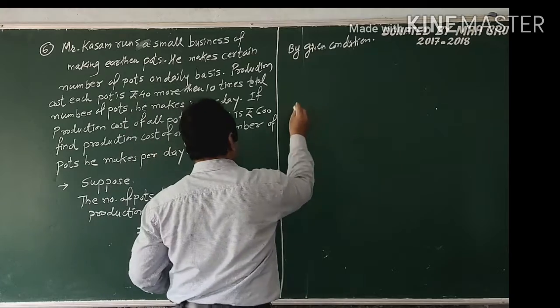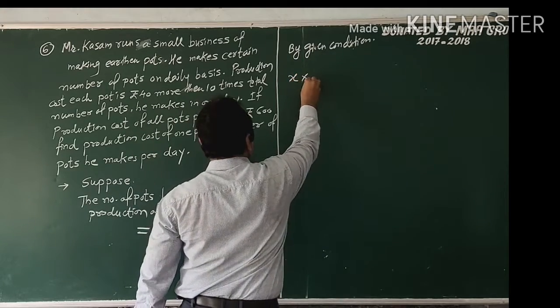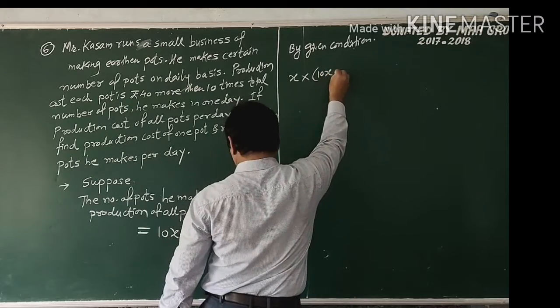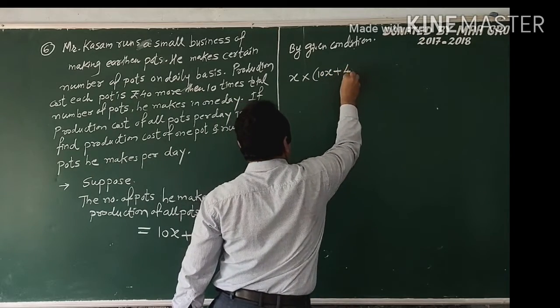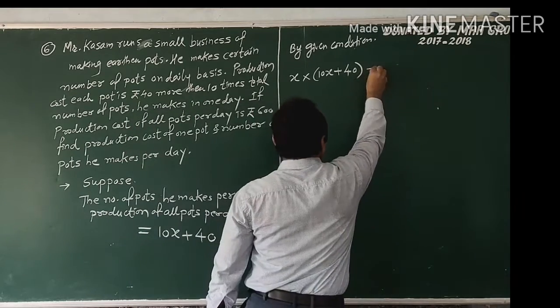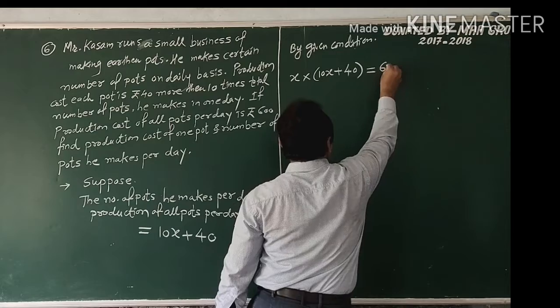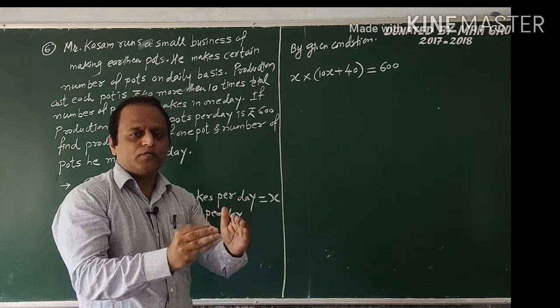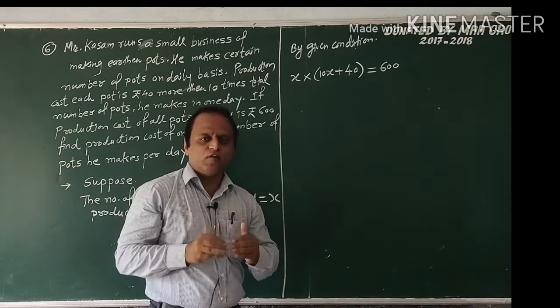Therefore, the number of pots is x and the production cost of one pot is 10x plus 40, and it is equal to 600. In this way we have come to the mathematical form.